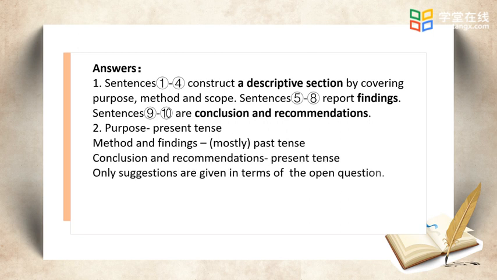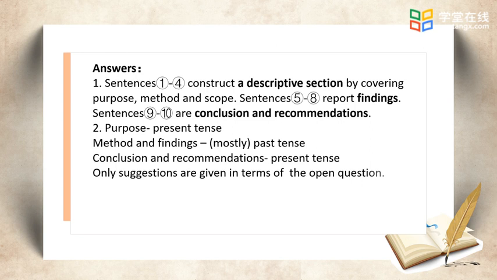Present tense is used both in the section of purpose and in the section of conclusion and recommendations. However, past tense is mostly used in method and finding sections. The use of tenses here follows the general rule, and there would be exceptional cases in some fields.